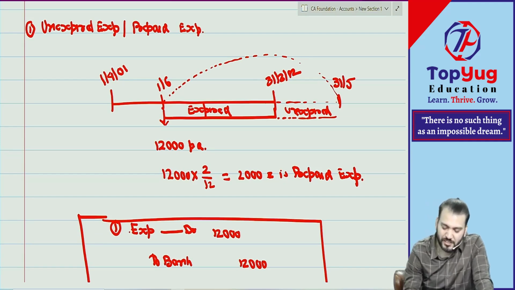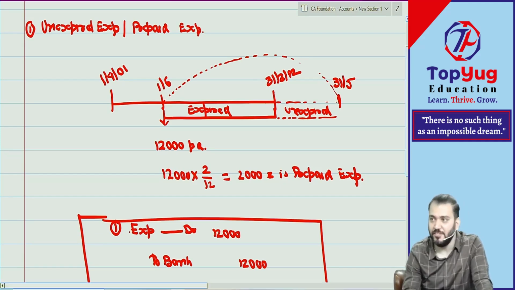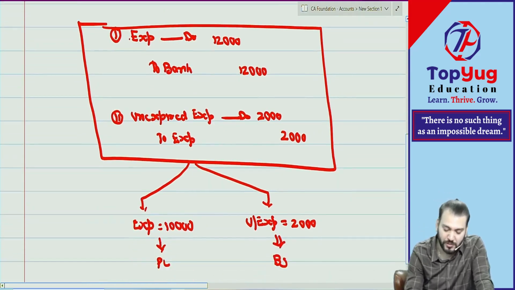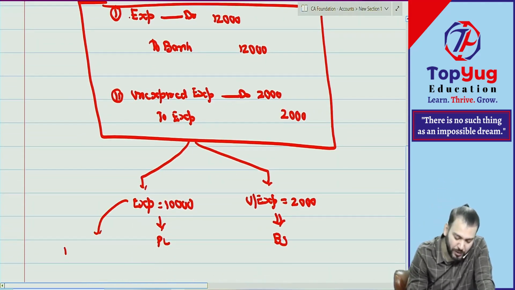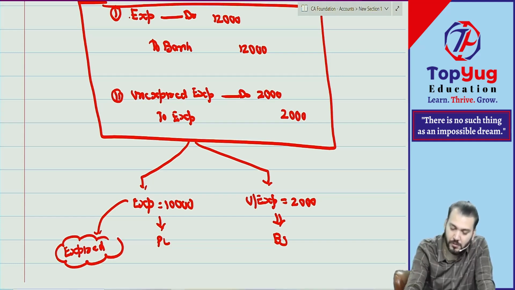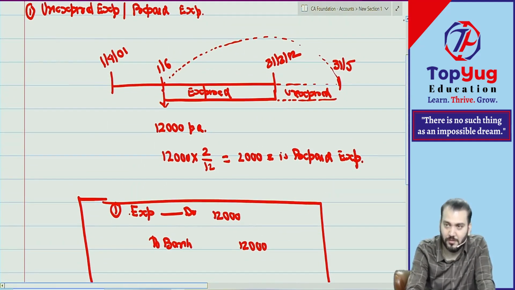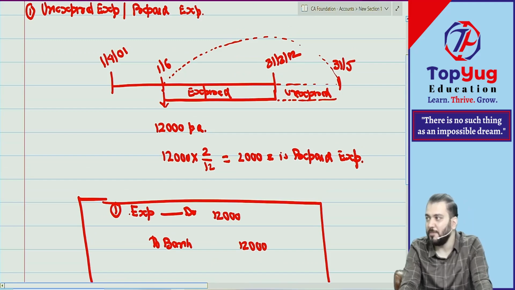Can I say this 10,000 is the expired expense? Expired expense will go to PL or balance sheet? PL. So this type of question can be asked. We call it expired. Expired expense will go to PL only, because there is no future benefit from an expired expense.